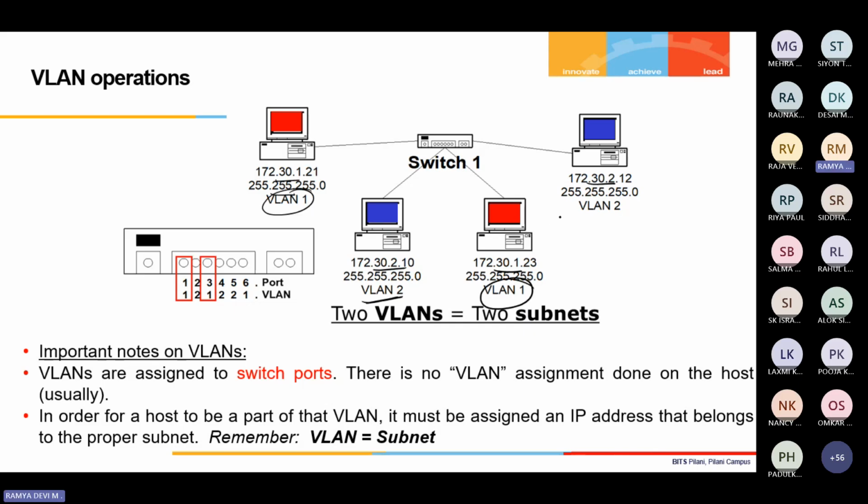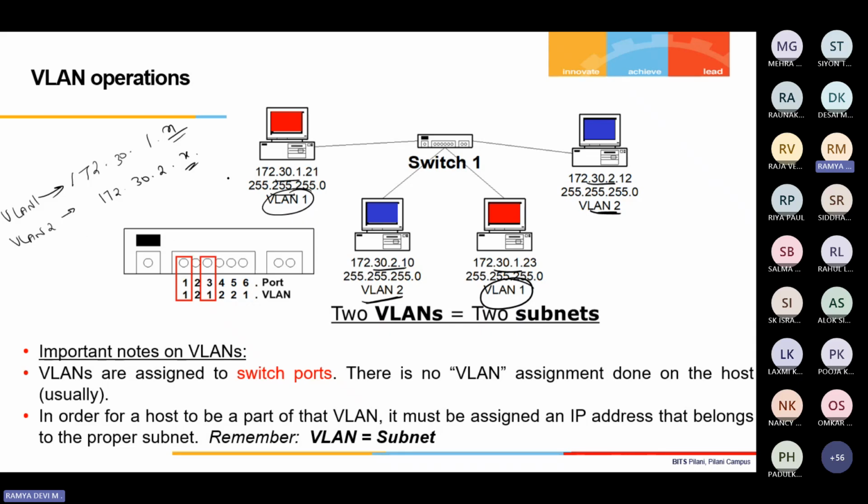VLAN 1 supports 172.30.1.x and VLAN 2 supports 172.30.2.x. So 1.x is VLAN 1 and 2.x is VLAN 2. This is how different subnets will be mapped to different VLANs.